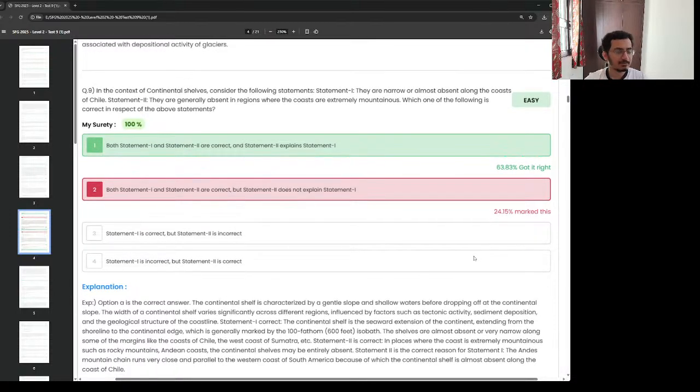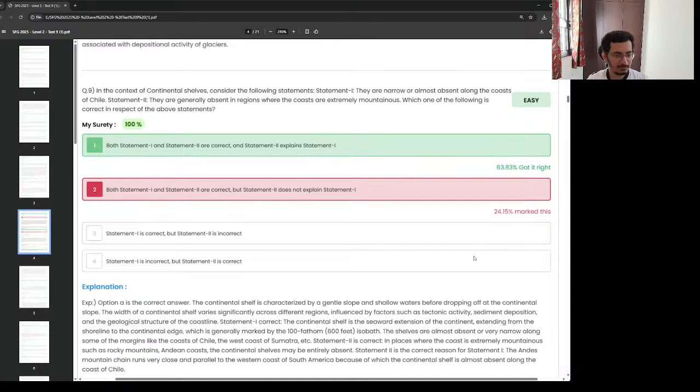The context of continental shelves considered as United statements. Why does it explain? I don't think it explains. The idea is that the continental shelf is narrow because it is a subduction zone there, right? And the subduction zone also causes mountainous coasts.